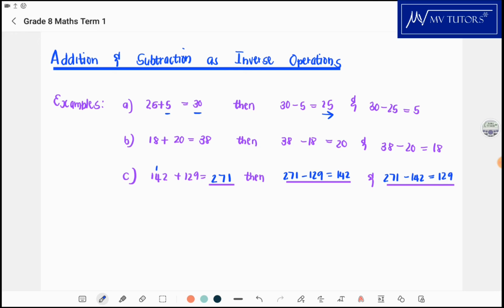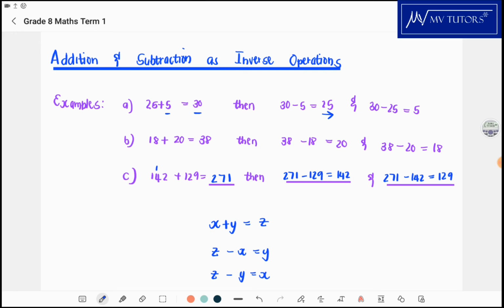So I hope that you see the correlation here. If I have x plus y is equal to z, then I know that z minus x has to give me y, or z minus y has to give me x. This is simply what is happening here with inverse operations.